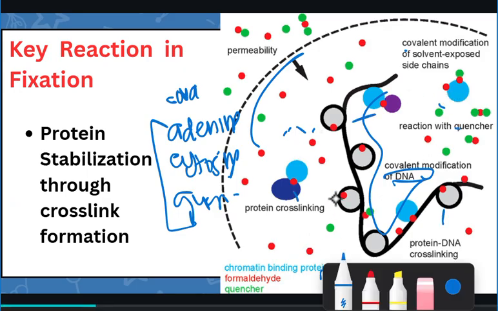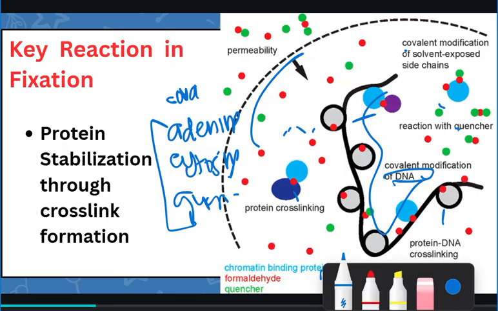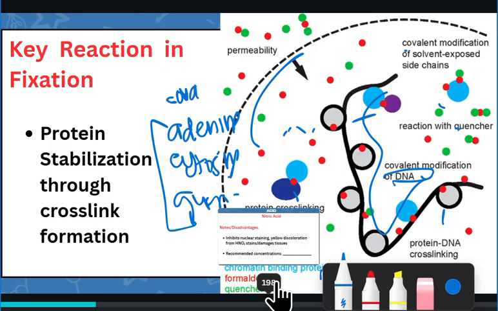So the protein-DNA cross-linking bridges the proteins to the DNA so that there will be stability in their interactions. Plus the quencher, there will be quenching.